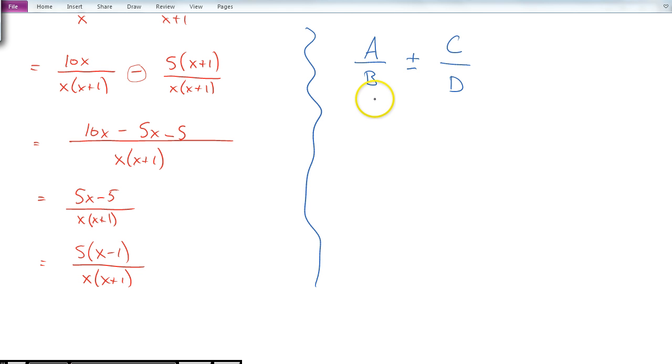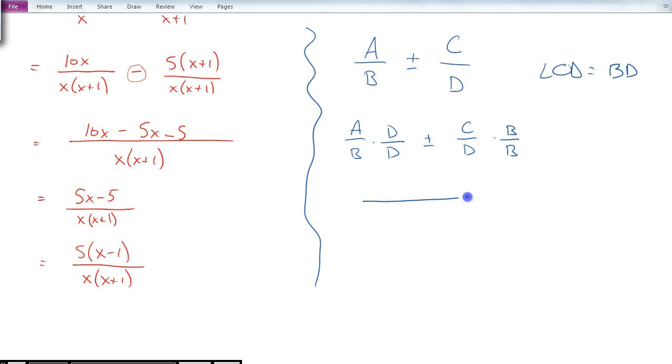So I'm going to multiply a over b times d over d, and I'm going to multiply c over d times b over b to achieve the LCD of BD. Okay, so I get the common denominator of BD, and I get AD plus or minus BC. That's going to be the form of the addition and subtraction of rational expressions all the time.